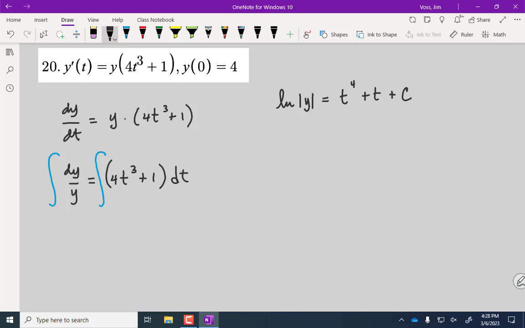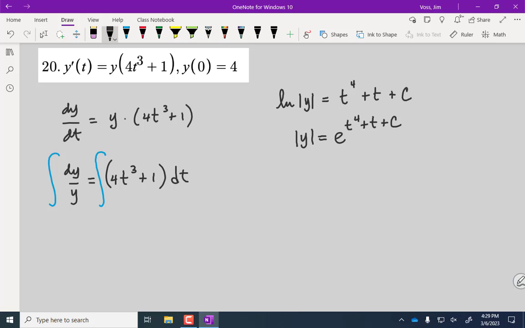A couple of you just blew right past it. We definitely exponentiate to get rid of the natural log. So when we exponentiate, we end up with this, and on the right, the entire right side becomes the exponent. We cannot just get rid of that absolute value right now.